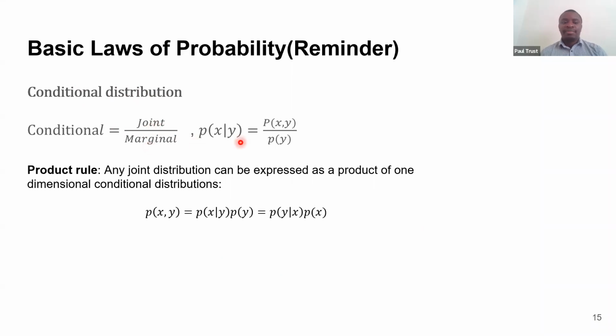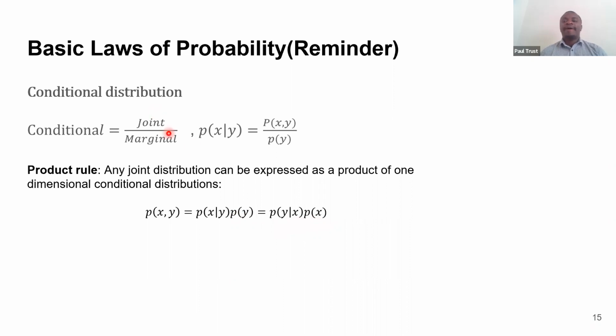So the probability of X given Y is the joint of X and Y over the probability of Y. And one other key rule you need to know is the product rule. Any joint distribution can be expressed as a product of one-dimensional conditional distributions. You can look at the joint distribution as the probability of X given Y times the probability of Y, which is also equal to the probability of Y given X times the probability of X.